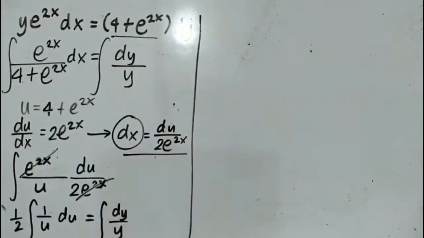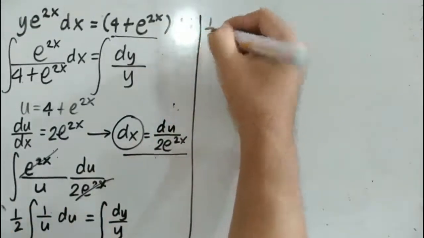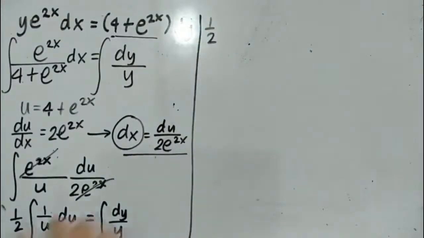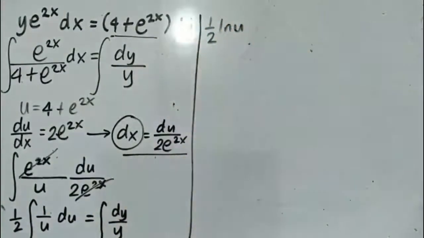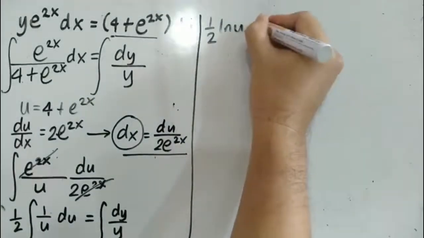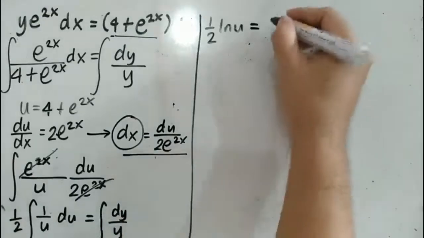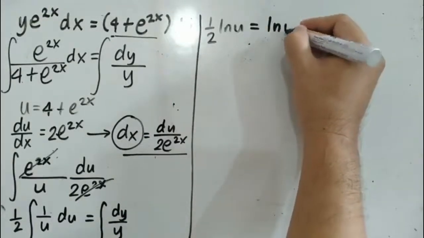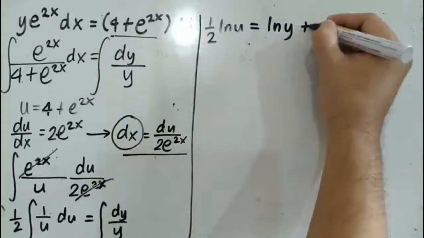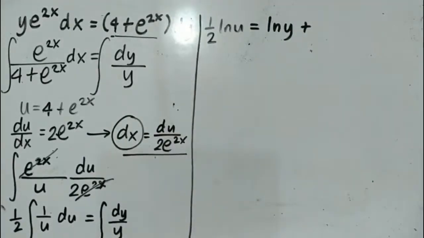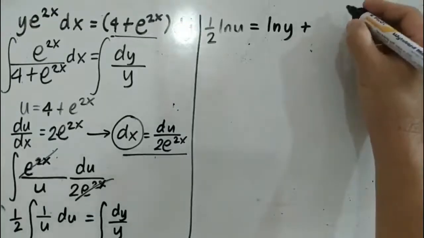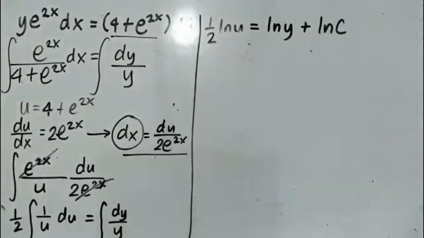So 1/2 integral of 1 over u du is ln of u, equals integral of dy over y is ln of y plus we can place plus c. However, it would be easier to simplify if we place ln of c instead.